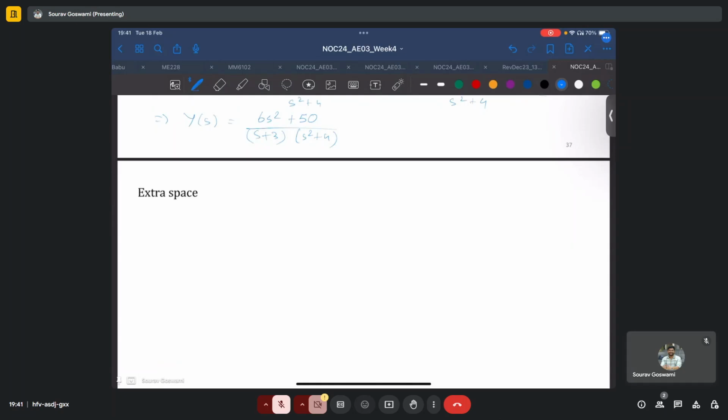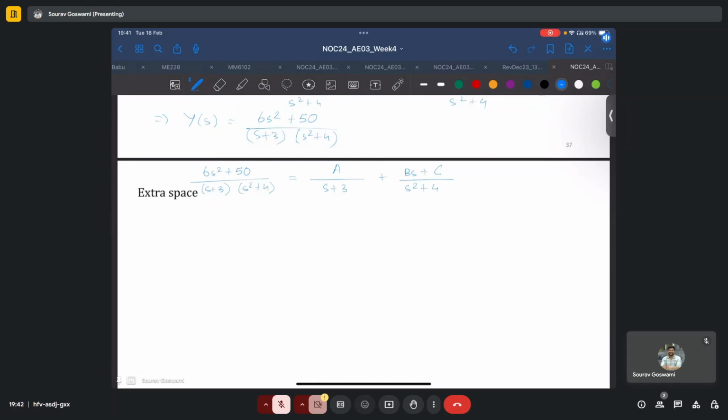So let us do that. 6s square plus 50 by s plus 3 s square plus 4 can be broken down to partial fractions: A by s plus 3 plus Bs plus C by s square plus 4.